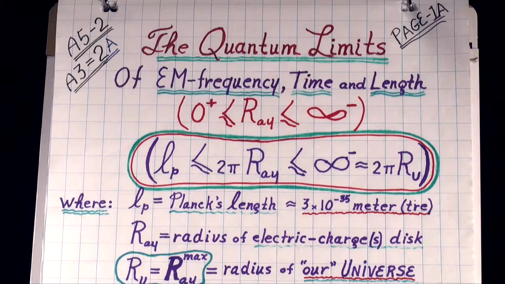The Planck's length is 3 times 10 to the minus 35 meter, which results from Einstein's general relativity theory and the Big Bang theory.